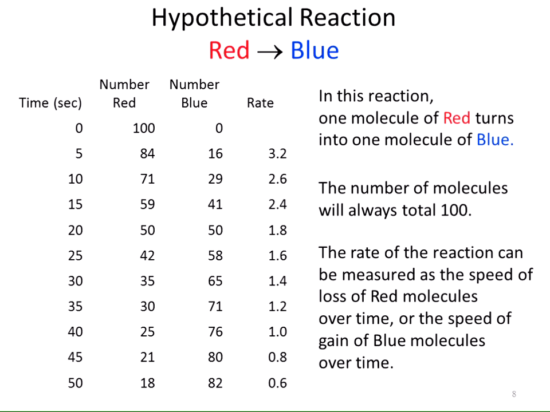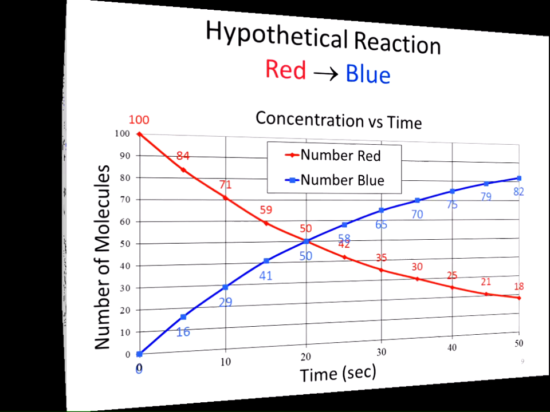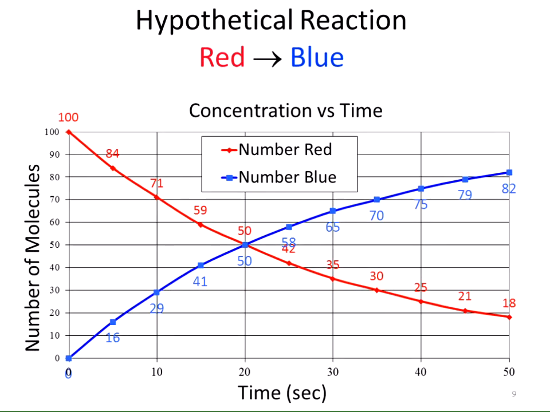But looking at this can be a little bit daunting, looking at all this data all at once. So chemists like to graph that data to better understand what's going on. So again, we're looking at that same reaction. We're starting off with 100 molecules of red spheres, and as time goes on, we see this decrease in the concentration of the red.